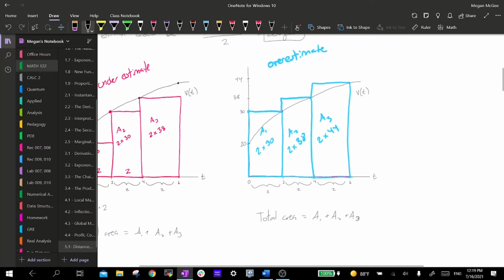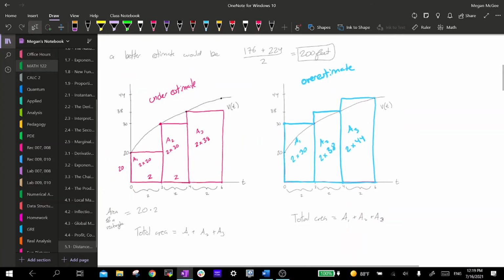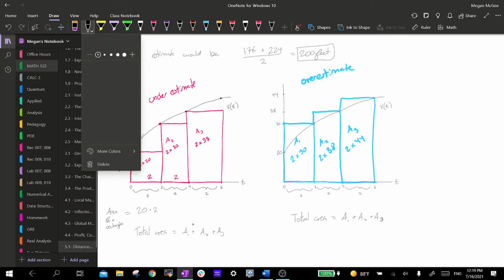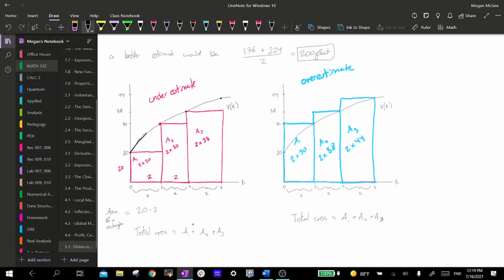Now let's go ahead and zoom out so we can see both of these. Both of these are doing is approximating the area under that curve. All right, so under our function, v of t, under this line, I'll say it, under this curve, we are approximating the whole area underneath of here.